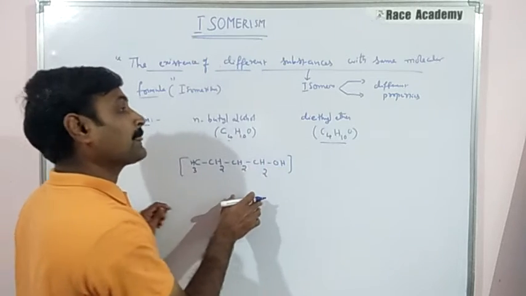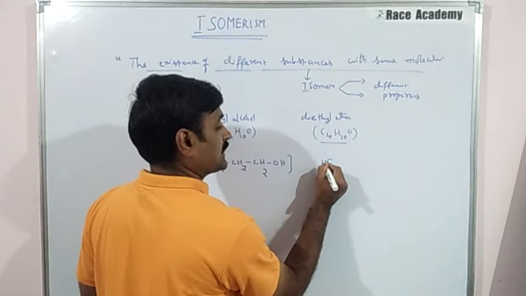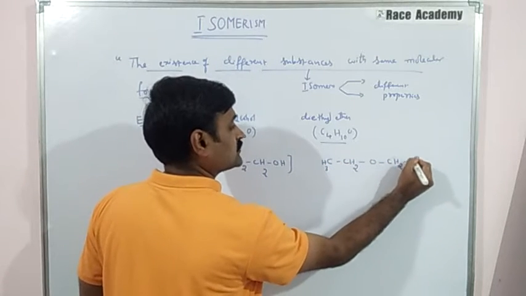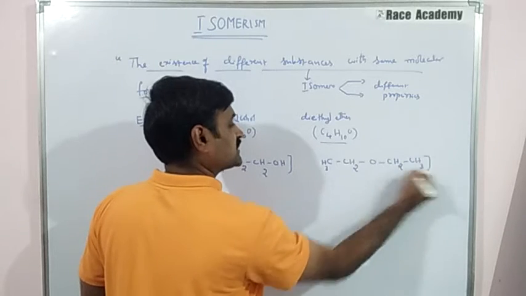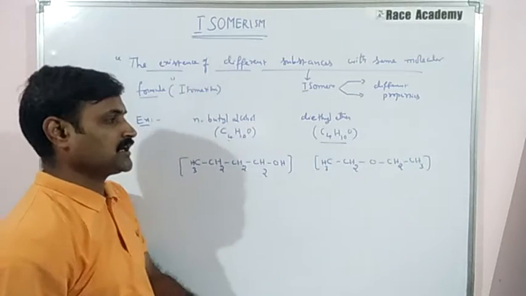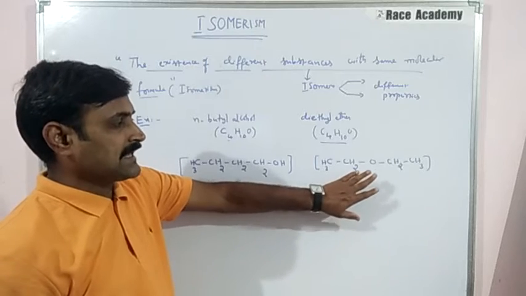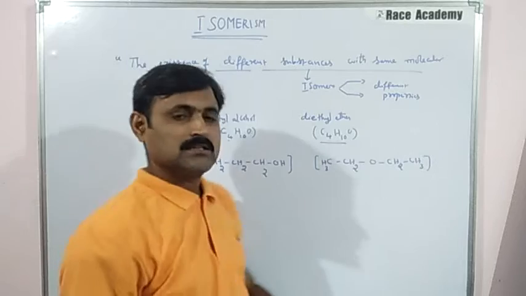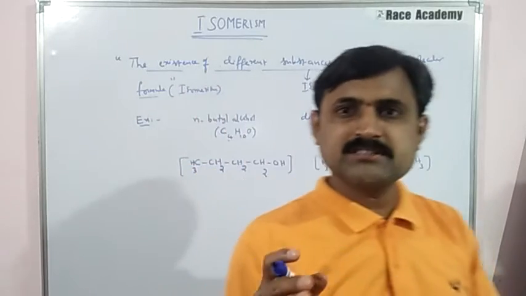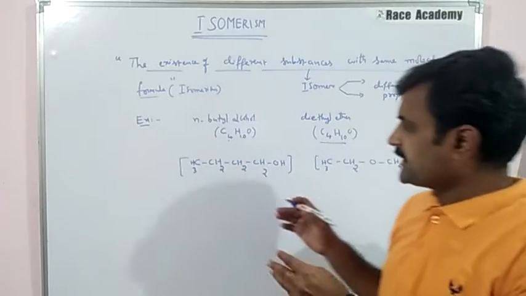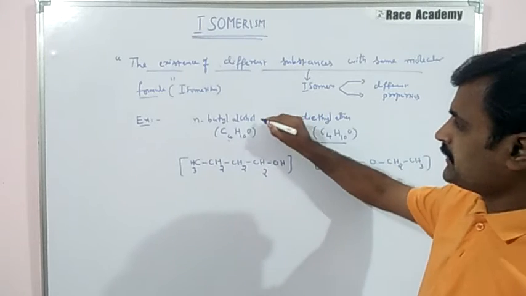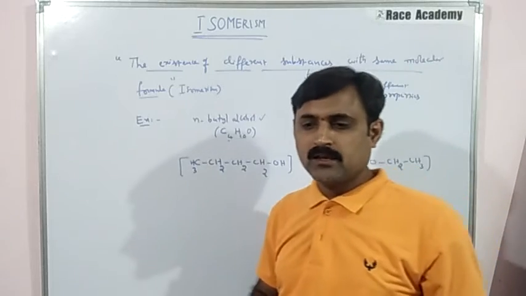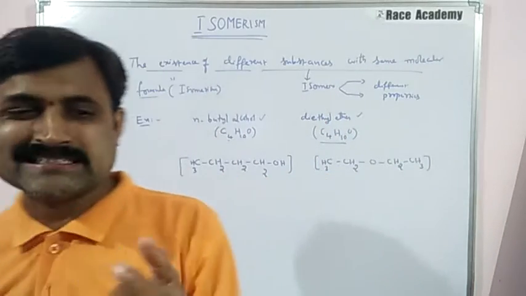And diethyl ether, if you take, is CH3, CH2, O, CH2, CH3. This is diethyl ether. Here also 4 carbons, 10 hydrogens and 1 oxygen are present, so the molecular formula is the same, but the physical and chemical properties are different and the functional group names are also different. That is why we have taken this simple example to understand what isomerism is.